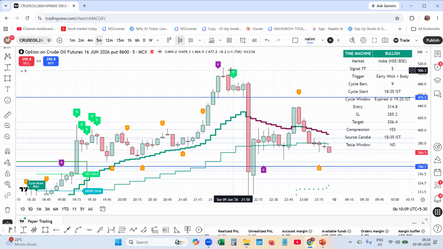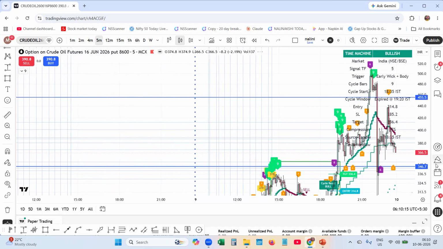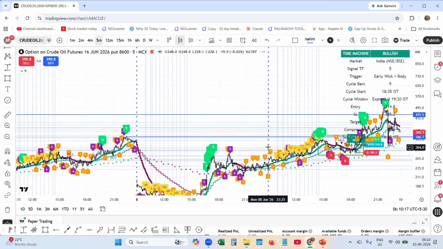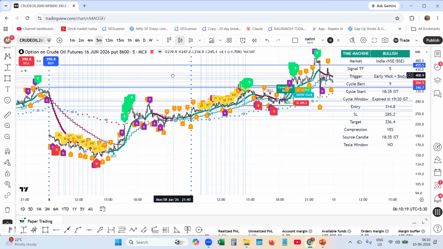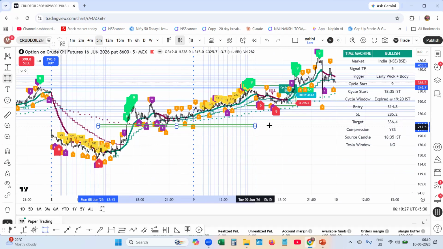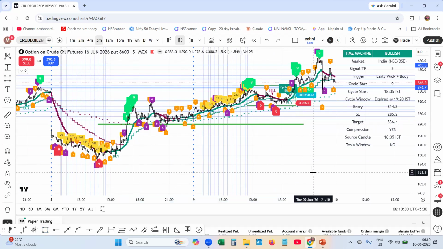This type of alignment comes only once. See what has happened there? This is the alignment. Here, this put option started aligning from yesterday itself.